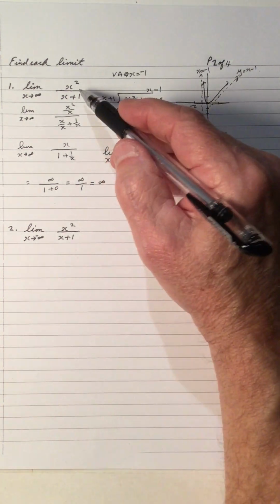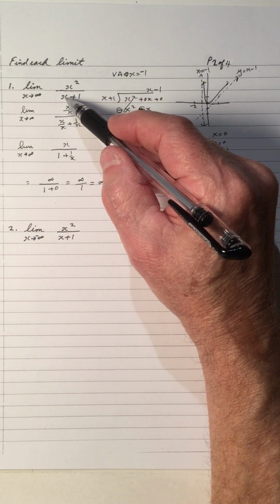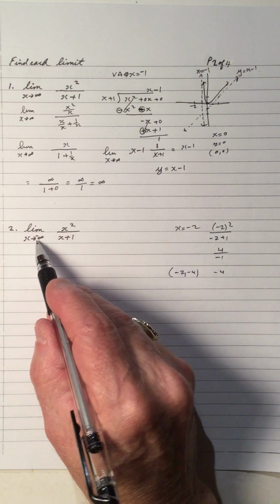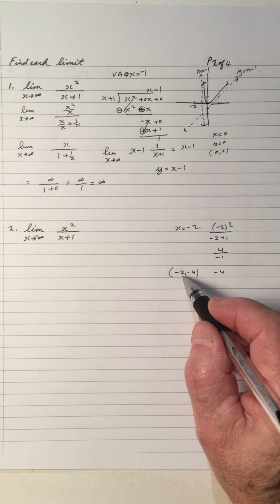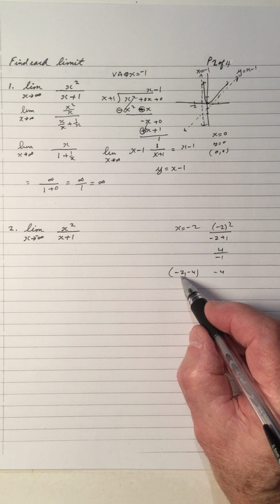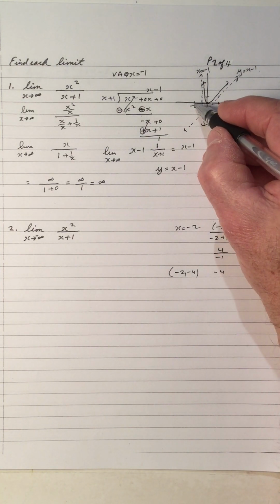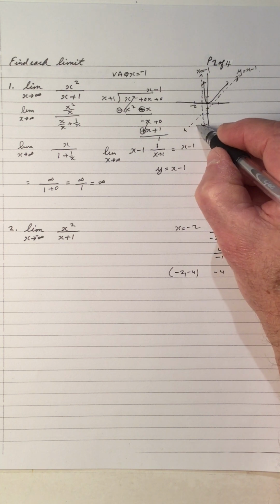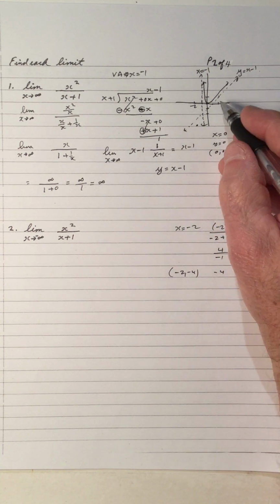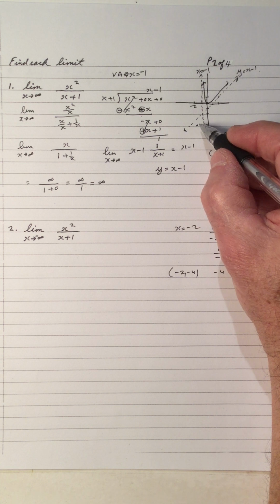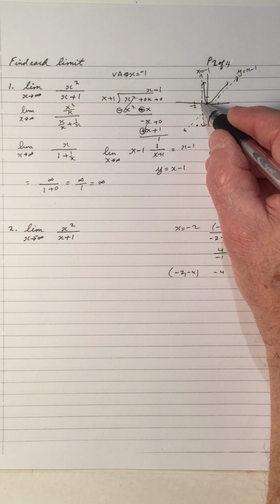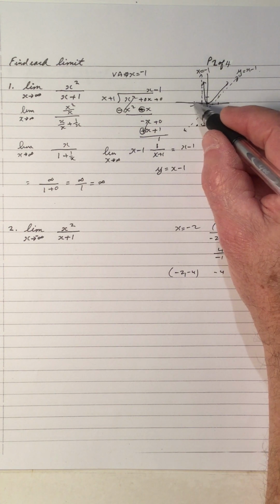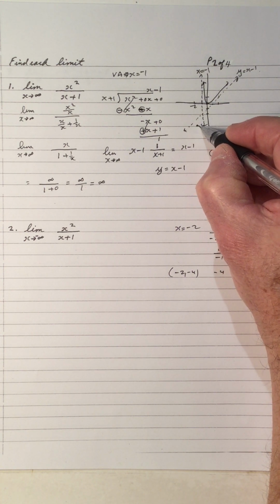So we're looking at the same expression, x squared all over x plus 1. There it is there, but at this time it's going to negative infinity. So it passes through the point negative 2, negative 4. X is negative 2, y is negative 4. So that stays right there. Again, as we approach on the left side of negative 1, it's going to go down right here like this.